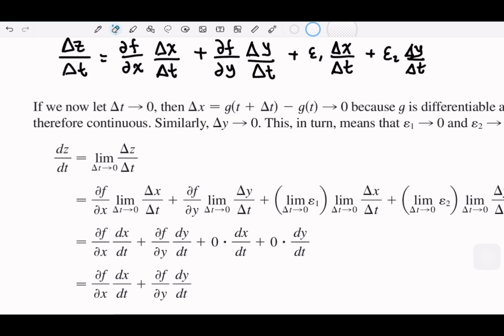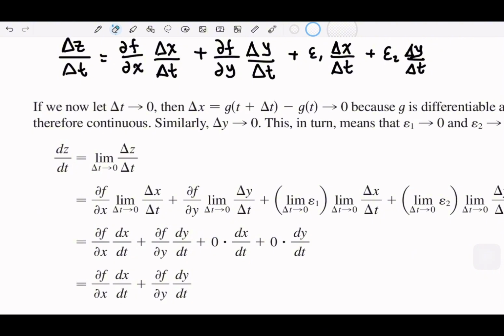Basically, we are taking all the components, taking the limit for each one as delta t goes to 0. And then we know that this will be 0 because of our definition here. Then we have this at the end.